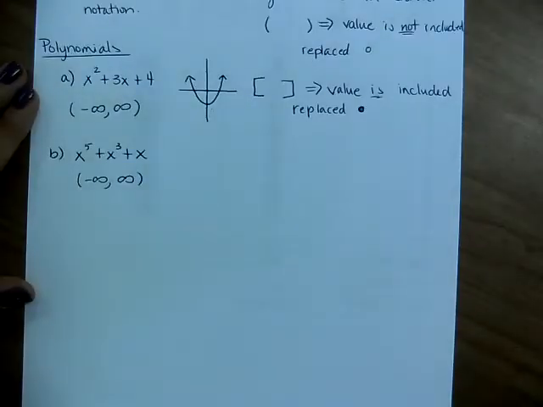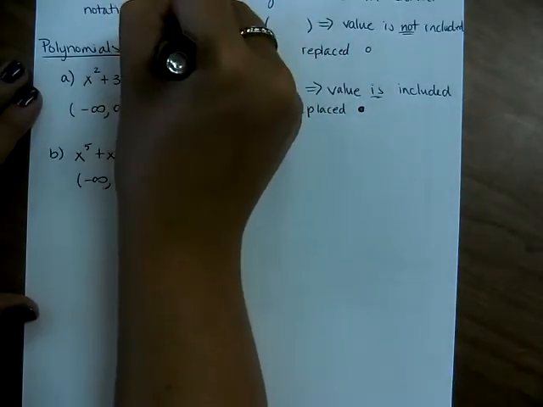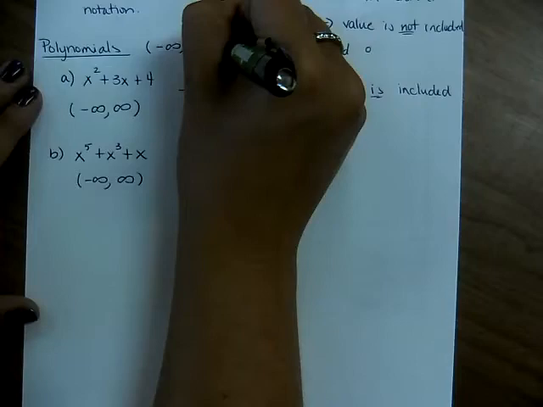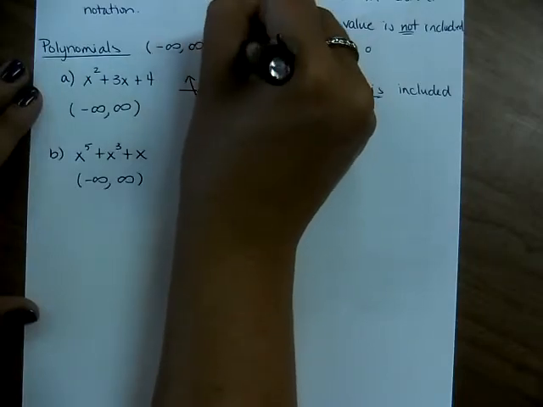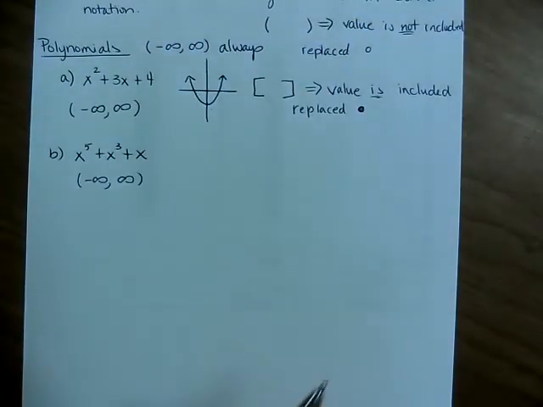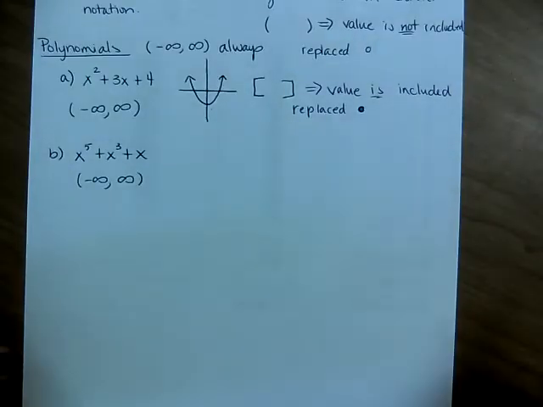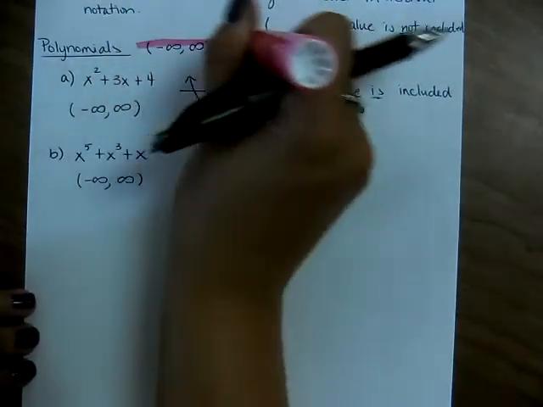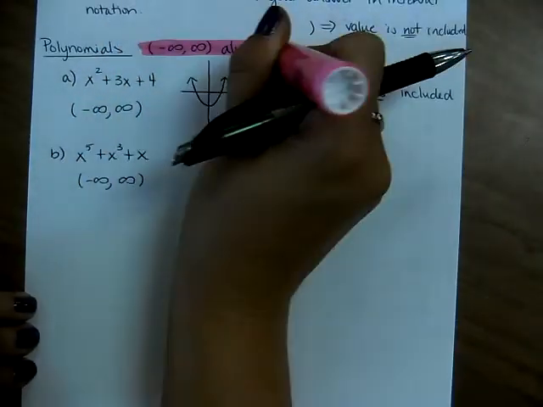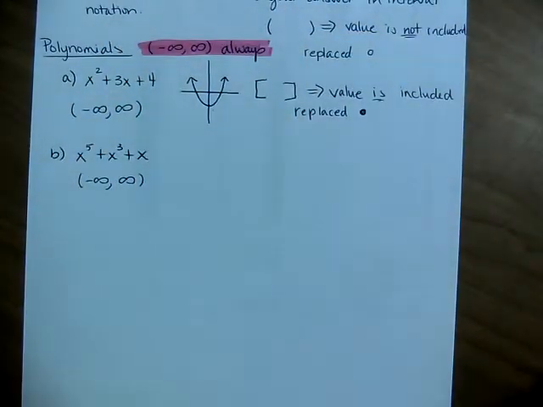It can be anything, okay? Everything is included for x. So negative infinity to infinity is always the answer for those. That's like a gift I'll give you on a quiz and ask you what's the domain of this, okay? Because there's not a lot of thinking. It's just all real numbers. Anything works. Okay, so those are easy.